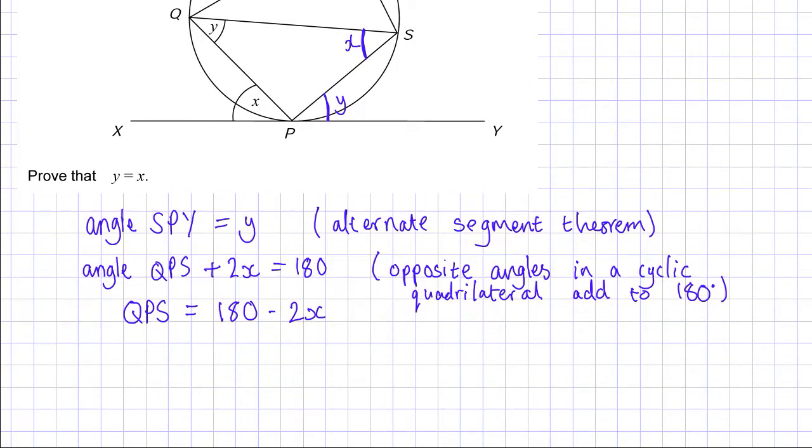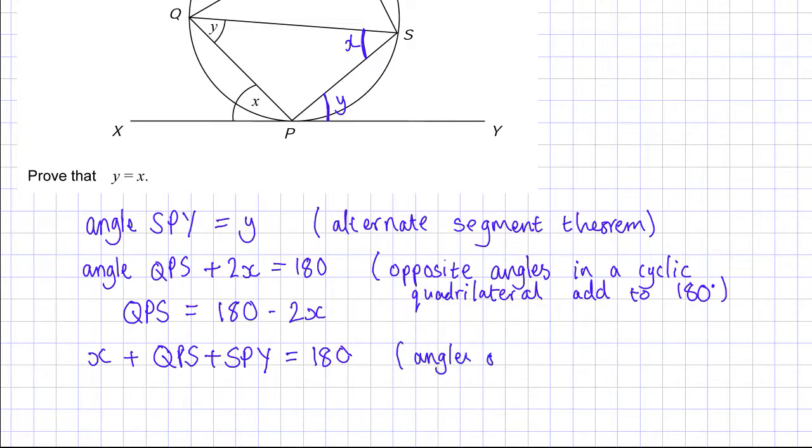So x plus QPS plus SPY should equal 180, and this is because angles on a straight line add to 180. Okay, so I have an equation now.